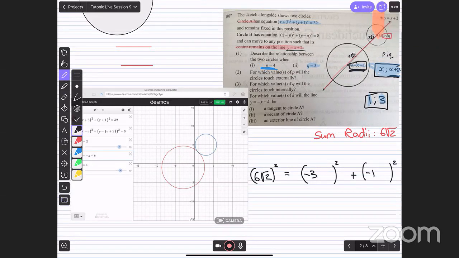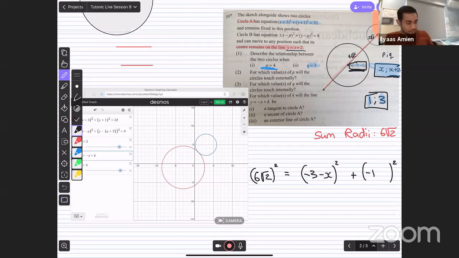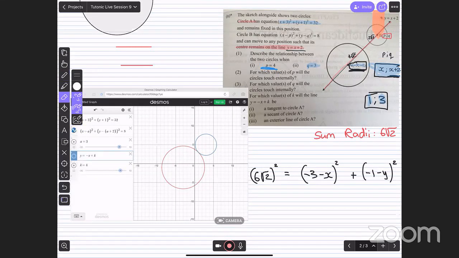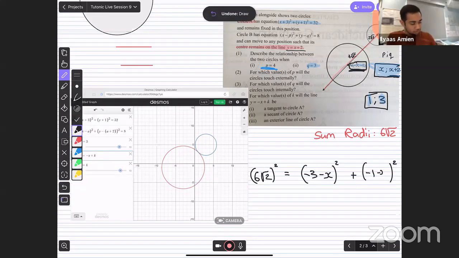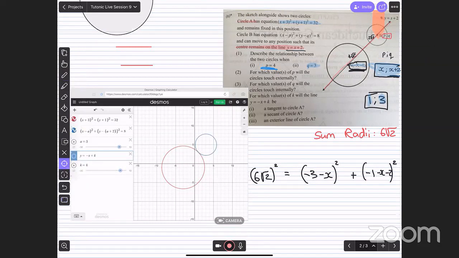Wouldn't you put x and x plus 2? y equals x plus 2, so you can substitute. Negative x minus 2. Simplify this for me. You'd get negative x minus 3.